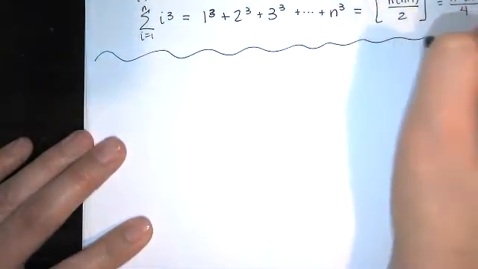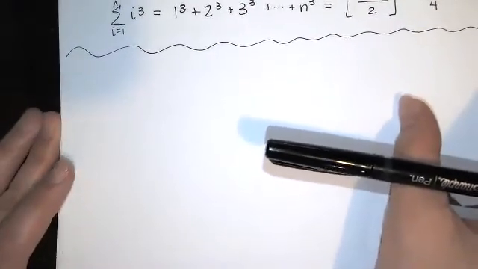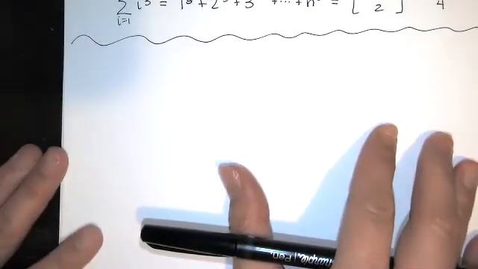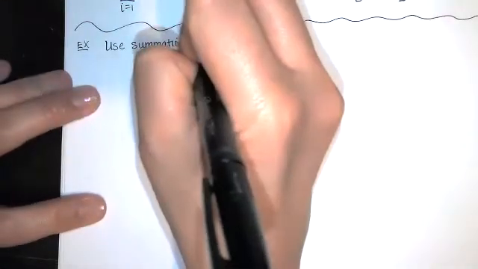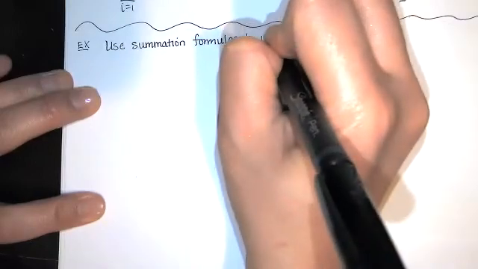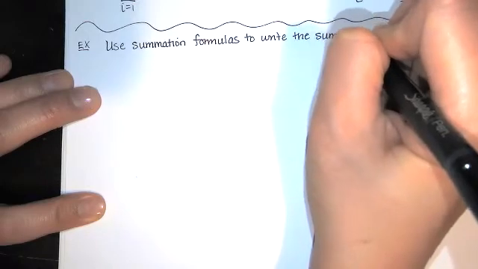And this is, again, getting us prepared to find the area under a curve using sums of areas of rectangles, which we'll look at in the next video. Okay, so let's say somebody asks you to use summation formulas to write the sum without sigma notation.